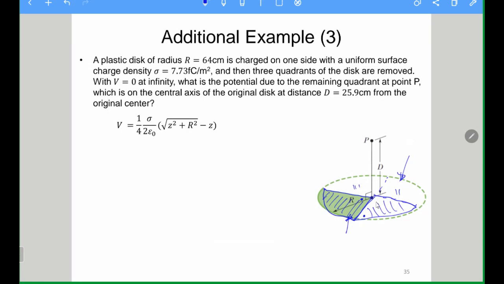Okay, so the remaining stuff is also very simple because this is 1/4 and then sigma. Sigma is 7.73 times 10 to the minus femto, which is 15 power, over 2 times epsilon naught, which is 8.85 times 10 to minus 12, and then times this square root of z.